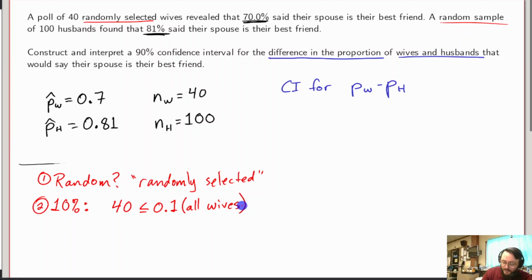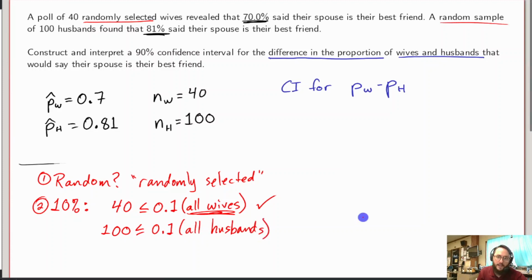So all wives is very big. Same thing if we're talking about 10% of all husbands. All husbands is very, very big, and so 0.1 times the number of husbands is also very big. And so 100 is definitely a lot smaller than whatever number we get there.